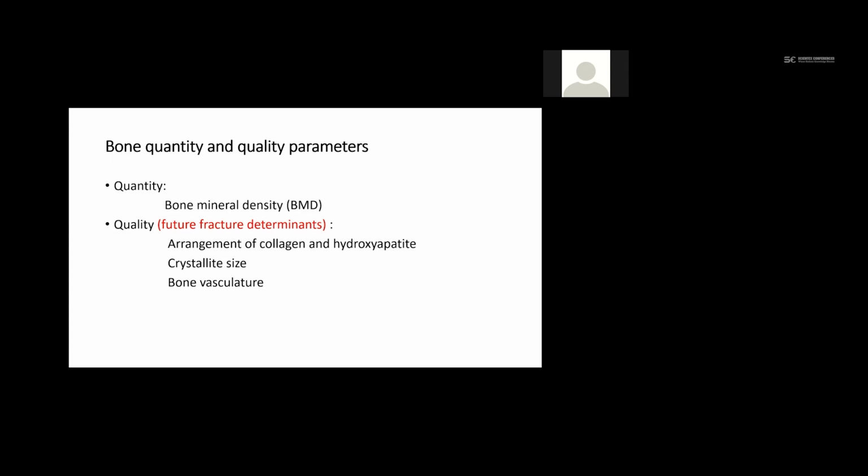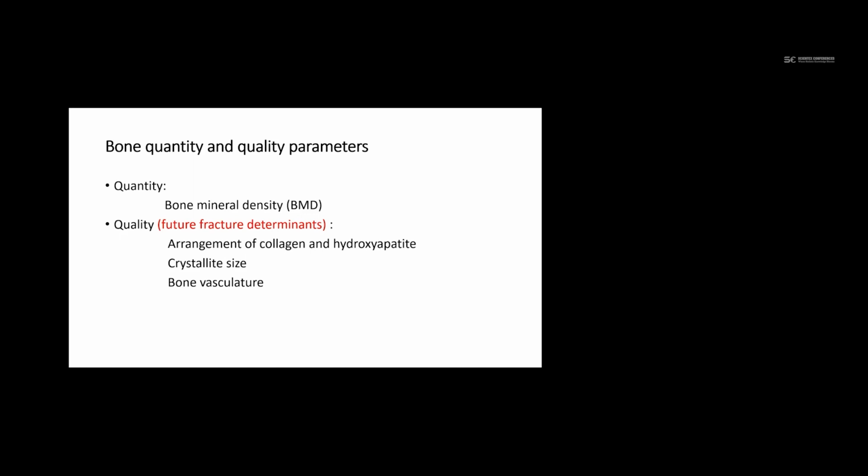By crystalline, we mean the hydroxyapatite crystal, which forms a major portion of the bone. The size is in the nanometer scale. If that size changes, it also changes in the early osteopenic condition.